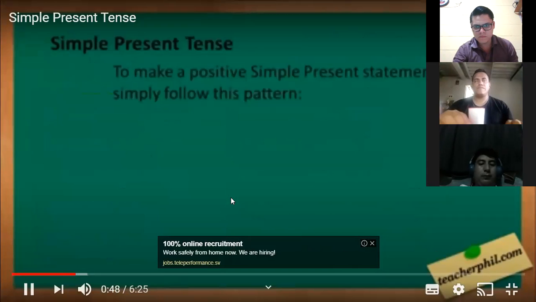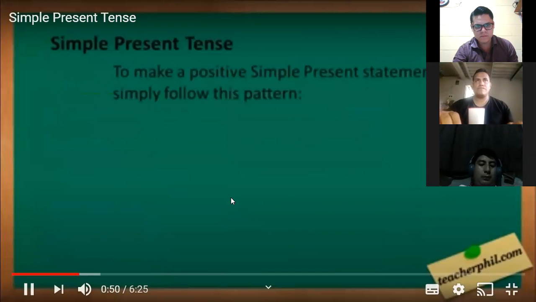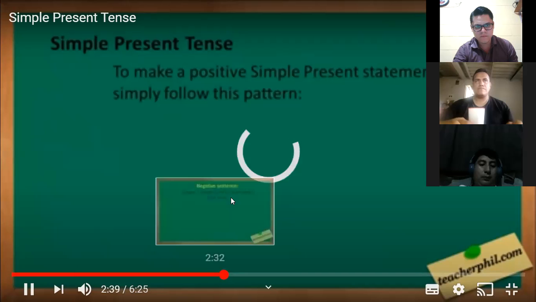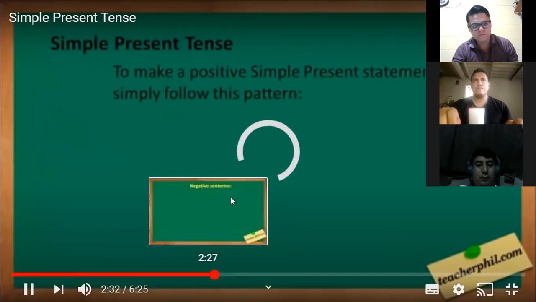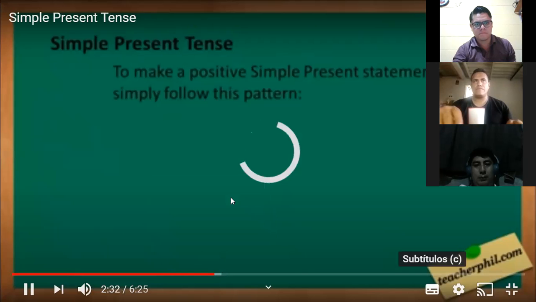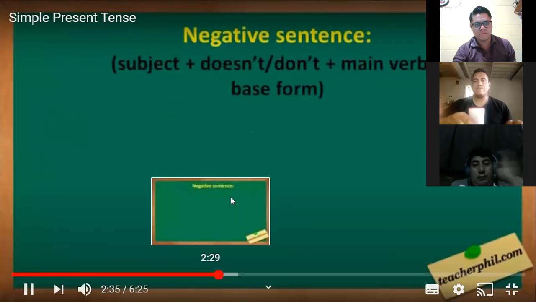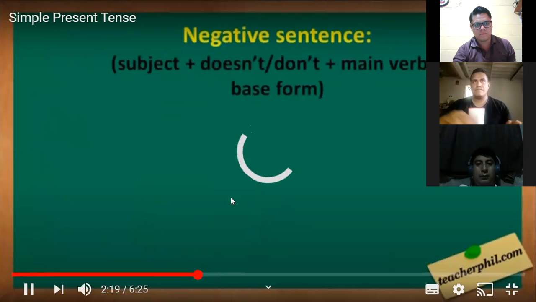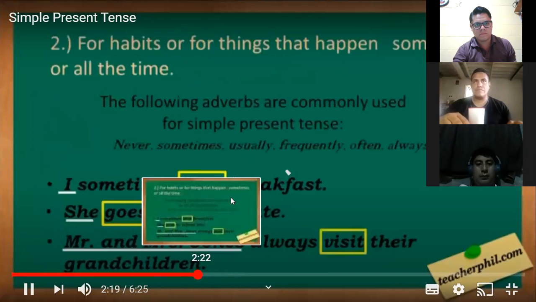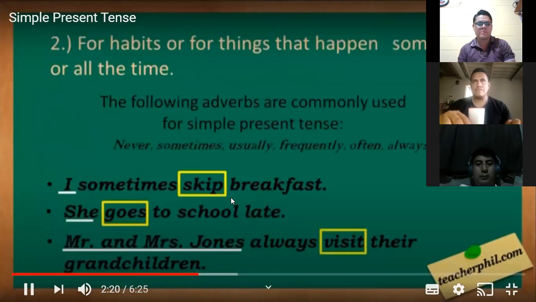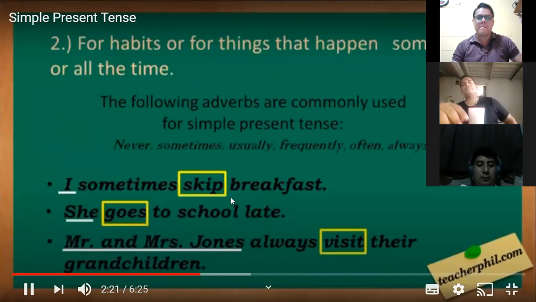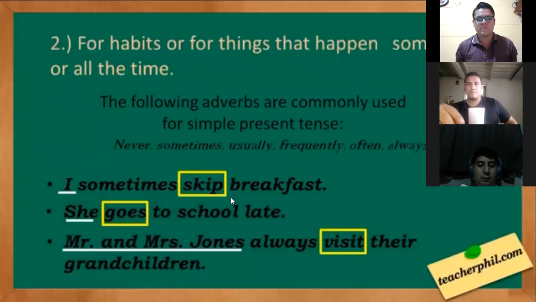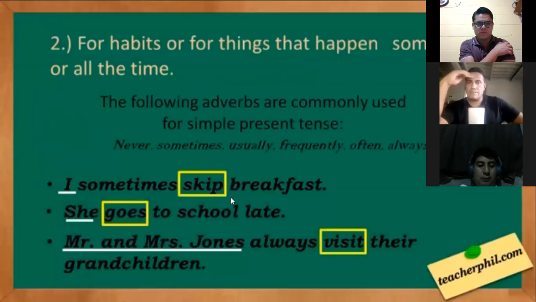To make a positive simple present statement, simply subject plus verbs. If you notice, all the examples follow the pattern subject plus main verb.